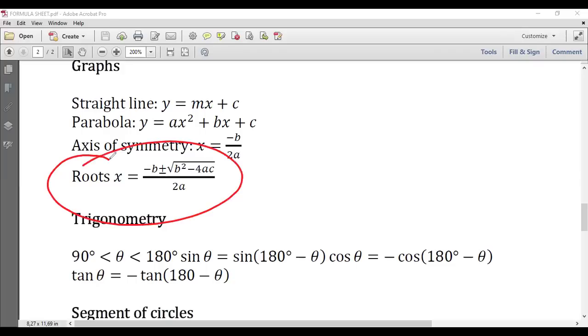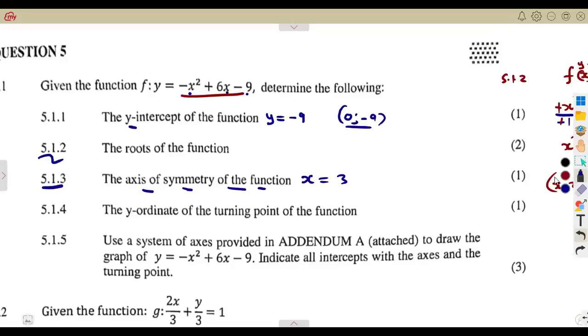So the axis of symmetry can be obtained in another way: x is equal to minus b over 2a. Let's see if we are going to obtain the same answer. Remember, this is our equation, so we have ax squared plus bx plus c.